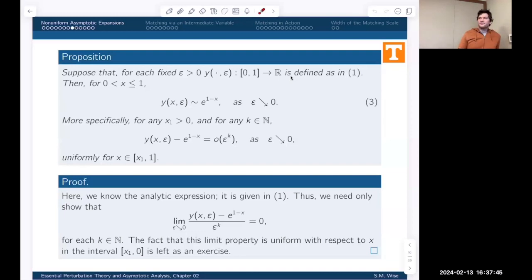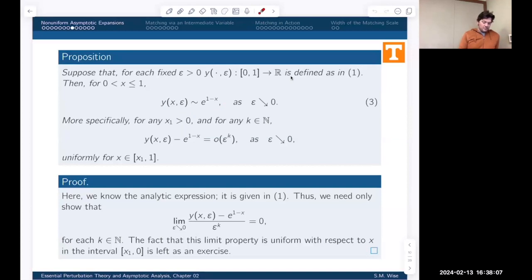I'm writing this as a proposition, but we've already done the calculations, so we don't have to redo them. The proposition says that on an interval like this, y is asymptotic to this function. But we can do a bit better than that.